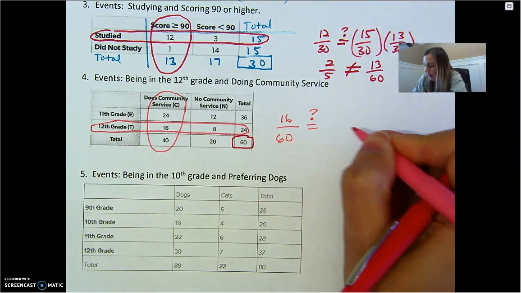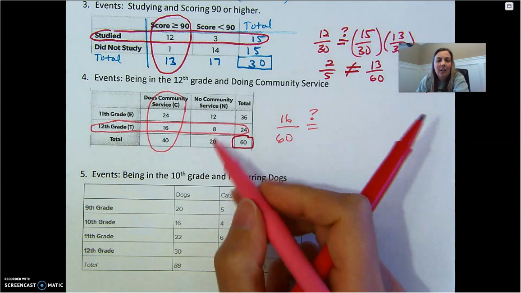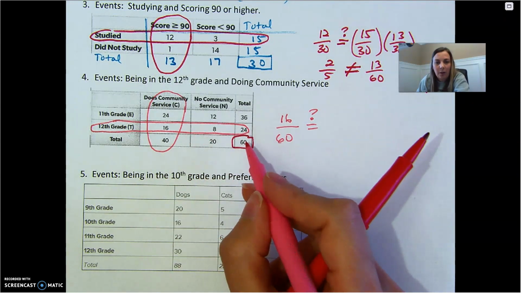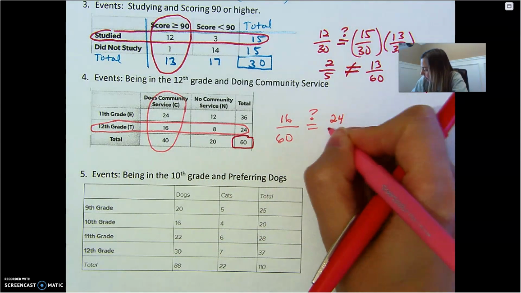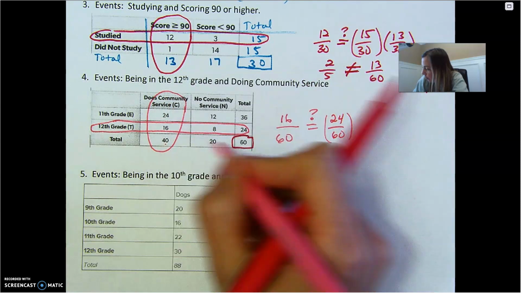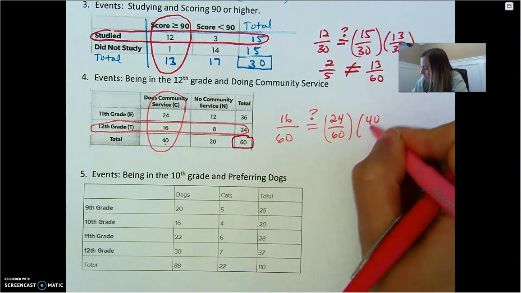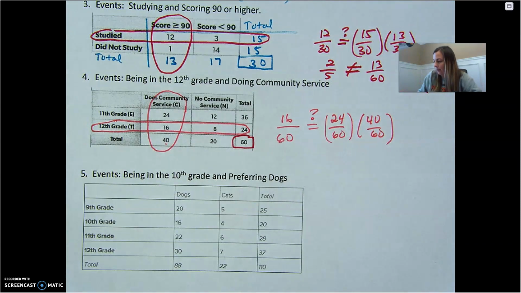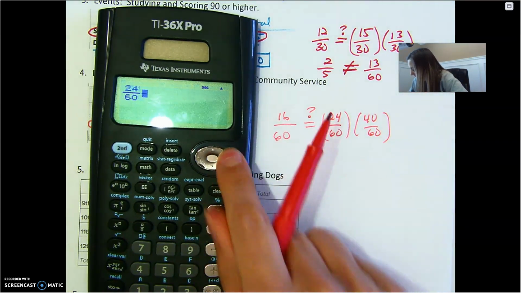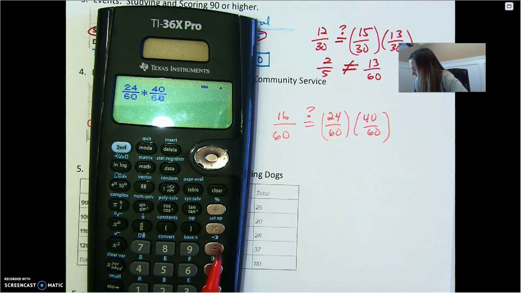Let's see if this intersection equals the product of these two events. 12th graders were 24 out of 60 times community service, 40 out of 60.